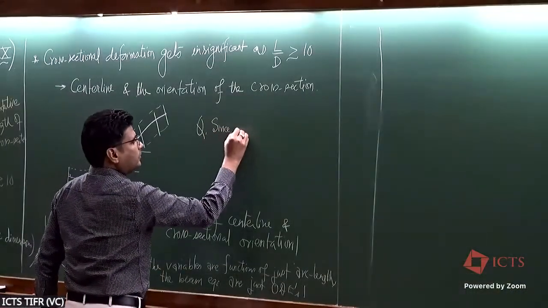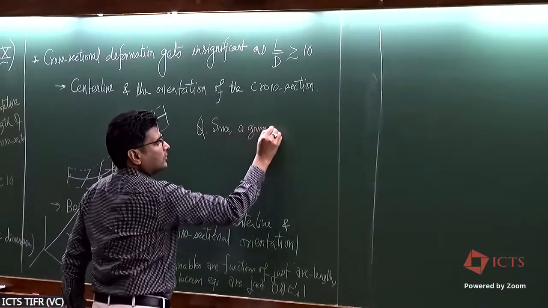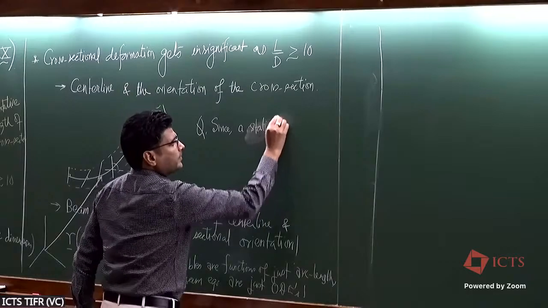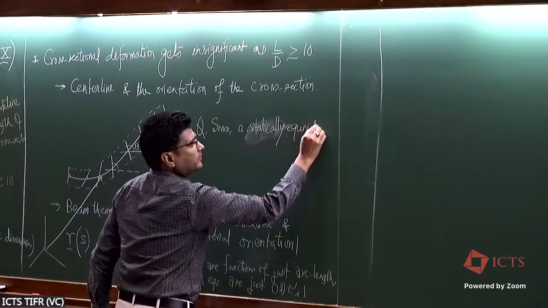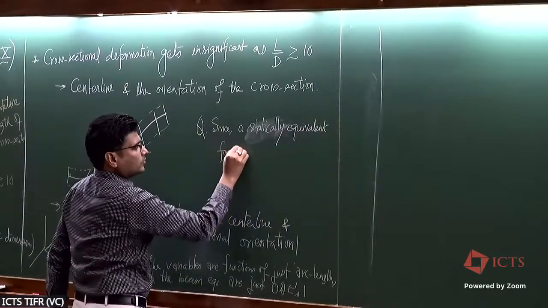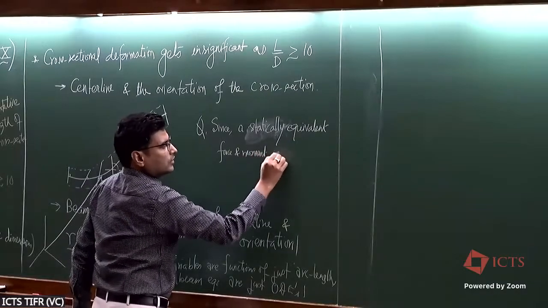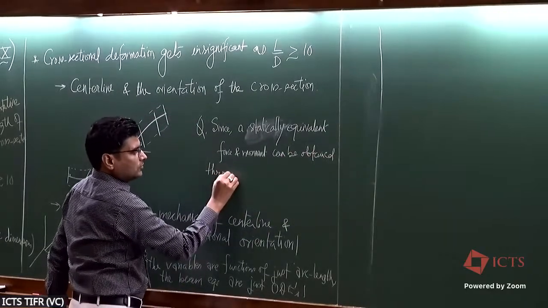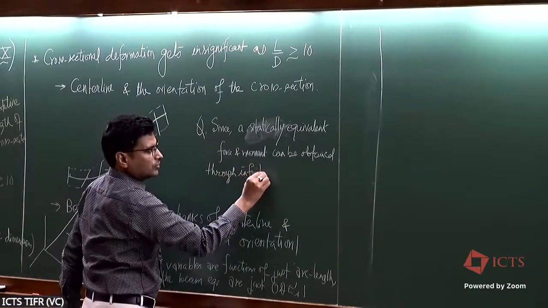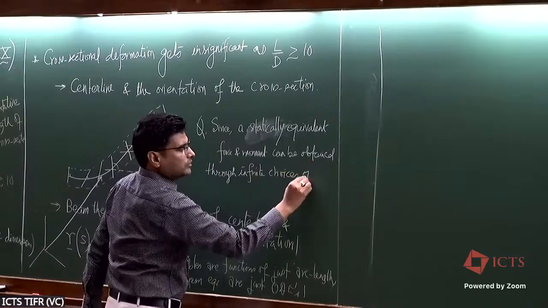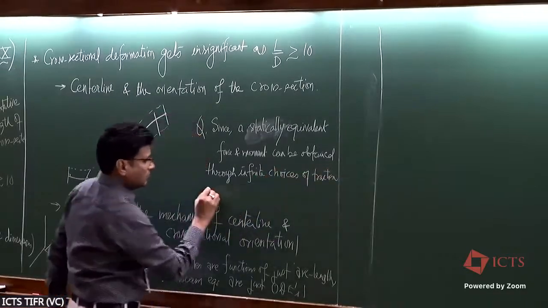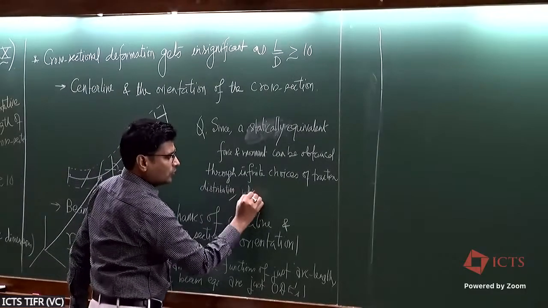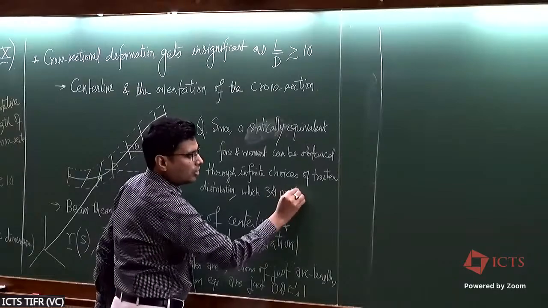Since a given, or let's say a statically equivalent, force and moment can be obtained through infinite choices of traction distribution, which 3D problem is being solved by the beam theory then?